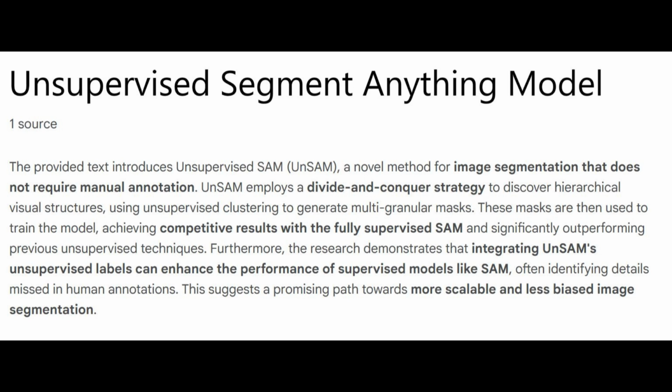It challenges our assumptions about what AI can do and how we interact with it. Absolutely. Instead of simply being tools that we program to perform specific tasks, AI systems like UnSAM are starting to resemble partners or collaborators. They can learn from the world in a way that's much closer to how we do it. Imagine AI systems that aren't limited by the biases and limitations of human-curated data sets.